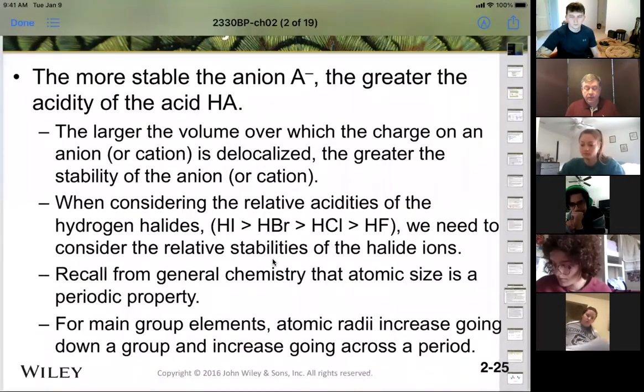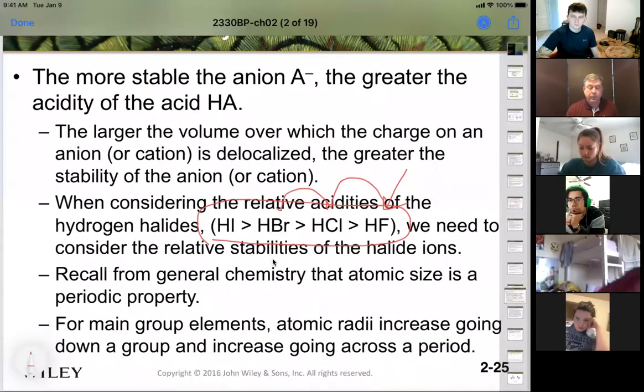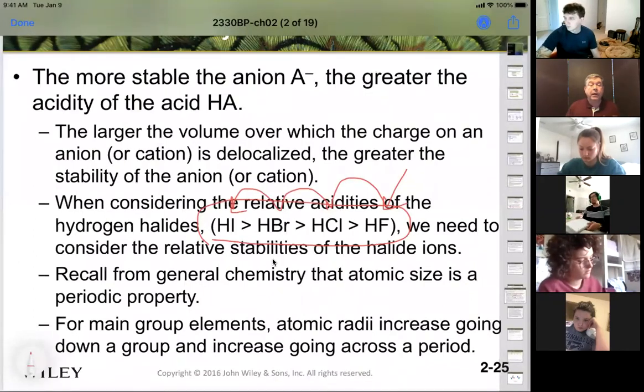Okay, so notice that in the case of these strong halide acids here, fluorine is the most electronegative of the set. But fluorine is much smaller than chlorine, which is much smaller than bromine, which is much smaller than iodine, making hydroiodic acid the strongest of the acids because the iodine is so big and fluffy.